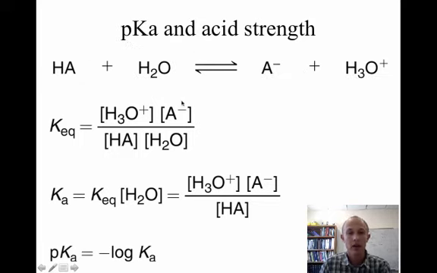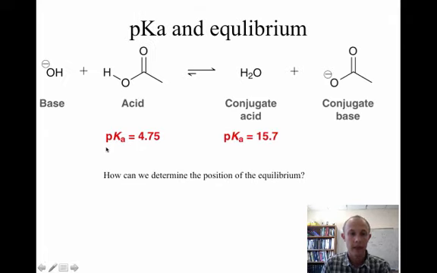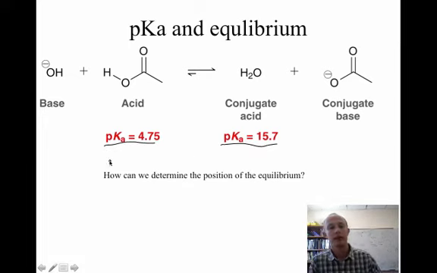Now, remember, we can describe an equilibrium constant by products over reactants. This is usually a constant, so we move it over to this side and we get a new thing which we're going to call Ka. The negative log of the Ka is going to be the pKa. All I really want you to focus on here is the magnitude of the pKa.